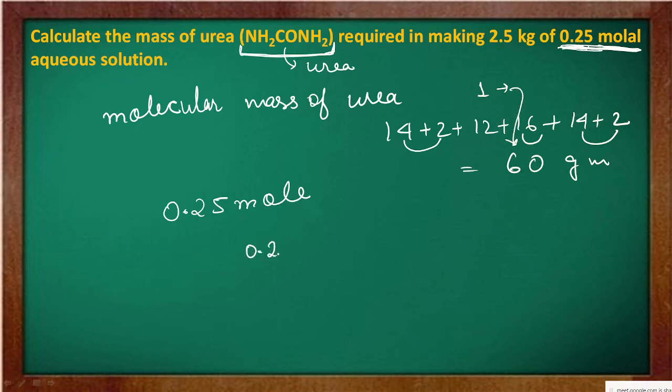So 0.25 mol will be equal to 0.25 into 60, and calculating this you will get 15 gram.